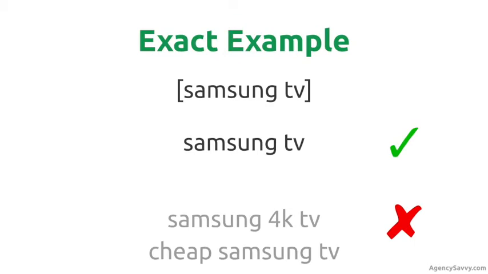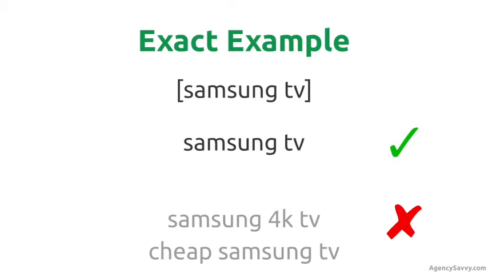So exact match first. The exact match keyword is denoted with these square brackets that you see right at the top of the screen. So if we choose the exact match keyword of Samsung TV, and we tell Google, I only want the exact match keyword, Samsung TV, that tells Google only match to people that are typing in, remember the difference in keywords and search queries, only match to the search query, which is exactly Samsung TV.